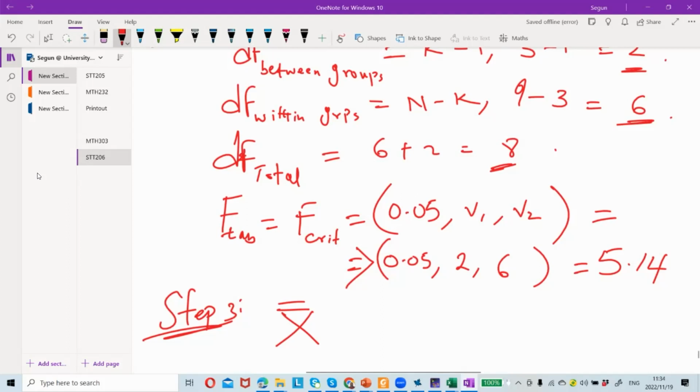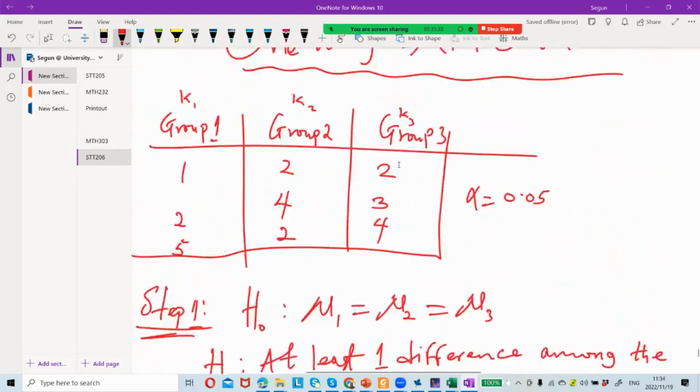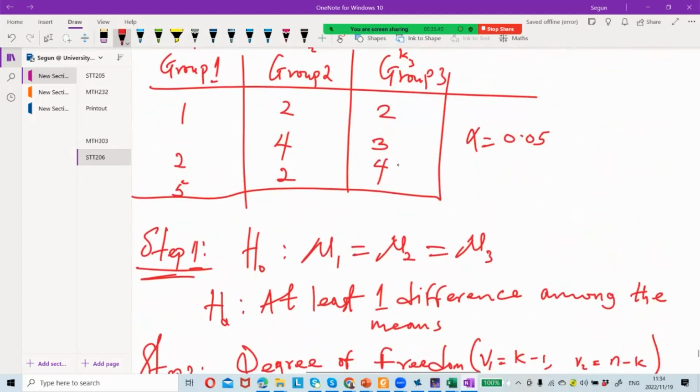I hope you are writing. Let's get X bar of 1, X bar of 2, then X bar of 3. What is X bar of 1? That is, add everything here together and divide it by the number.